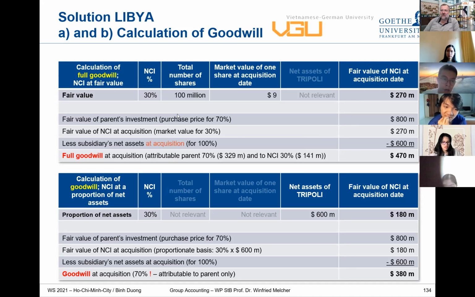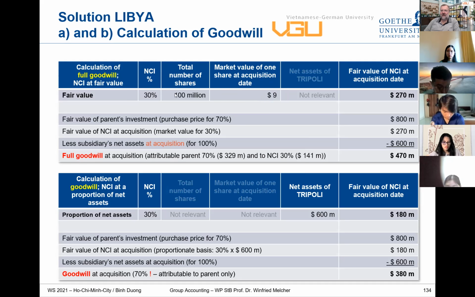Well, when we use the market information, then we have a stock exchange value. And here in the facts and circumstances it is said that there is a stock exchange price of $9. So one share is valued at the market with the $9. And that obviously is a fair value because we have an observable market price for such shares.